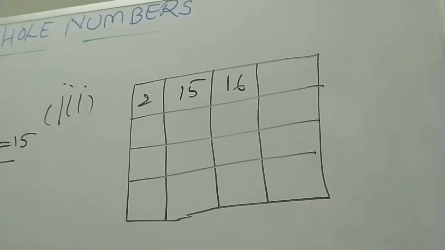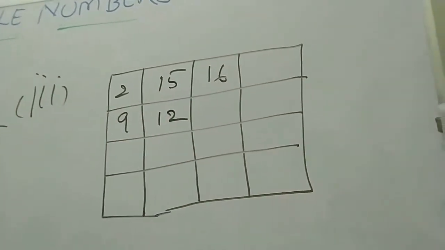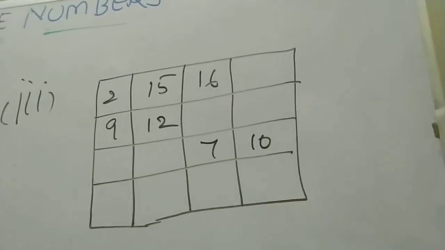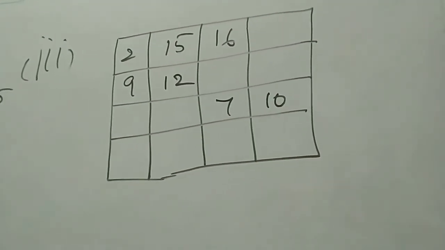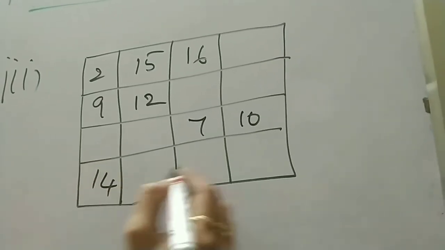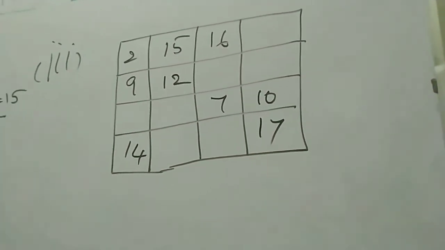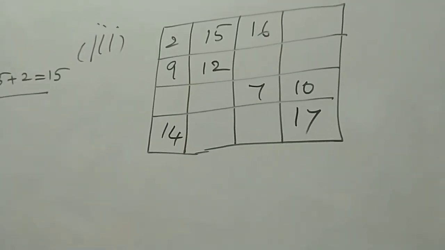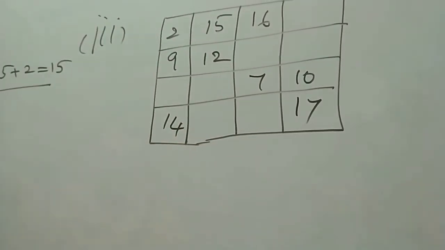In the next line 9, 12. After that 7, 10. In the next line 14, and this 17. So like that they have given here. So here also we have to find out the missing numbers. For that, to solve this one, we have to find out the pattern first.